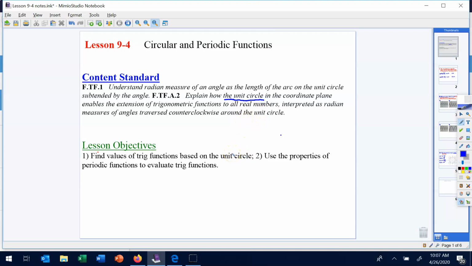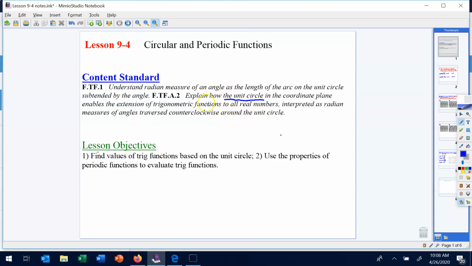Your ability to understand the unit circle is, in my opinion, maybe the most useful of all concepts in the area of trig. So if you're headed to pre-calculus or algebra 3, you should really pay close attention to how to construct the unit circle, have a good understanding of it, because it is such a helpful tool in this area of trigonometry.